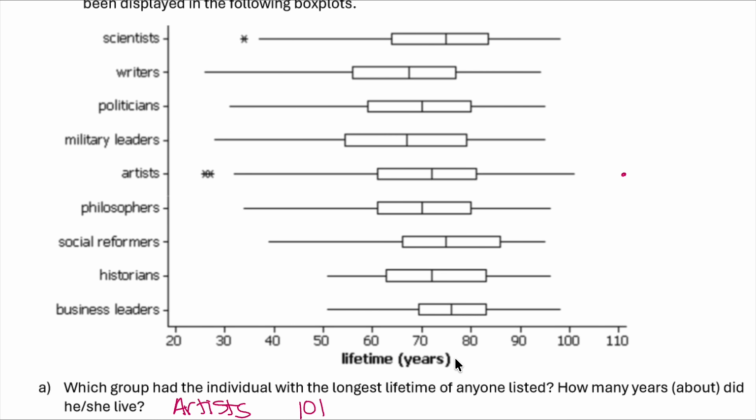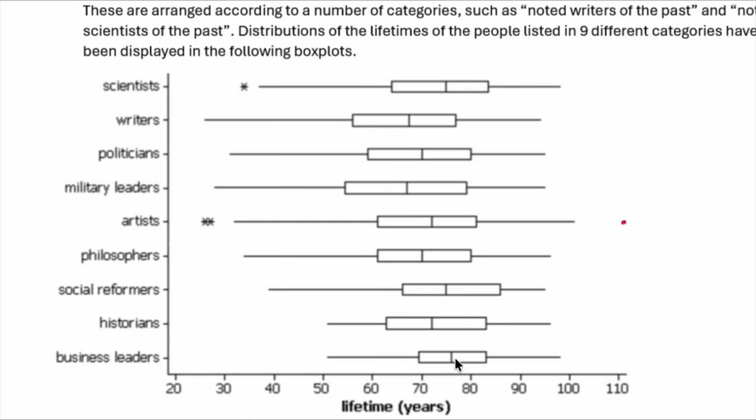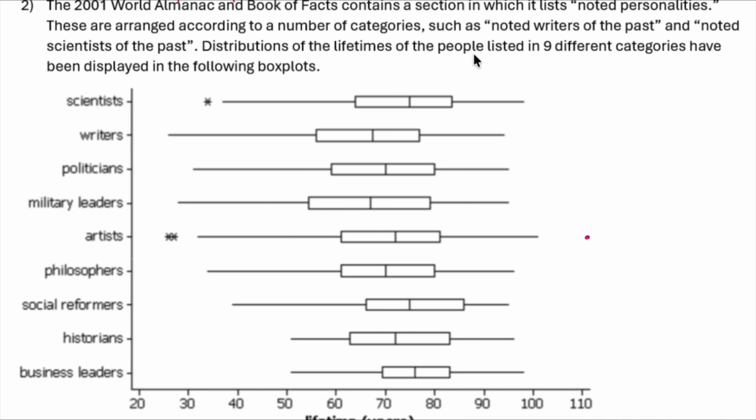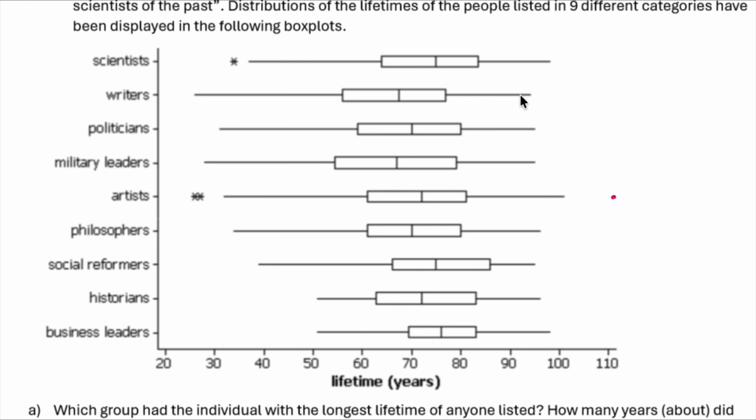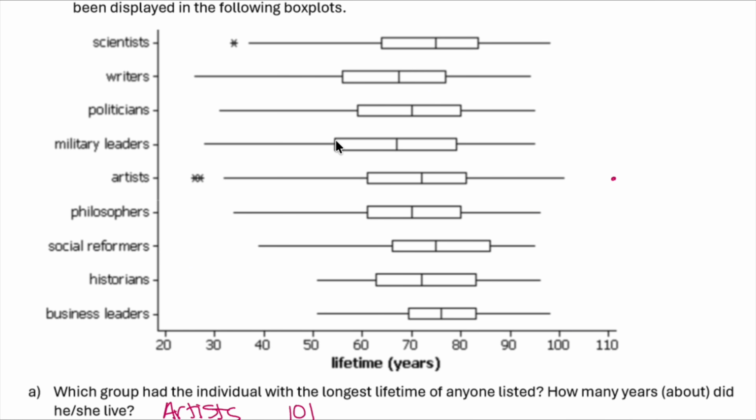Because the distribution is for the lifetime of the people, we can find which box plot has the longest range, which I think is artists in this case, because it goes from roughly 25 to about 105 or something.